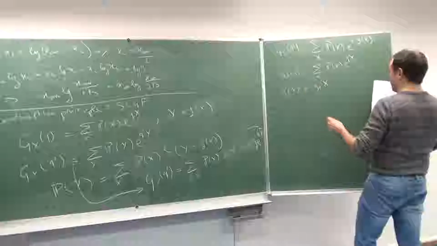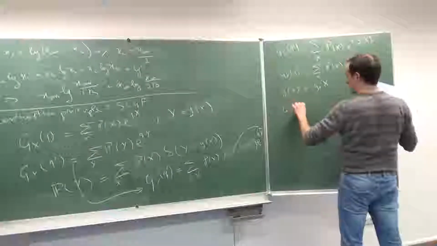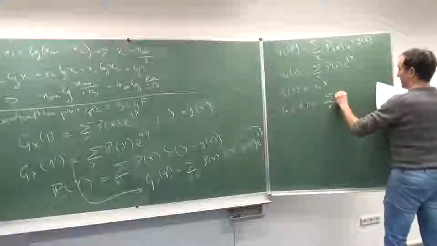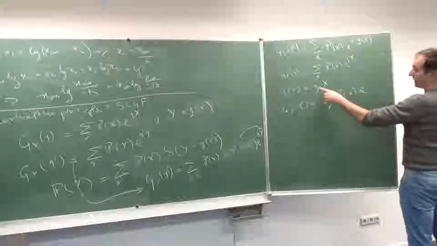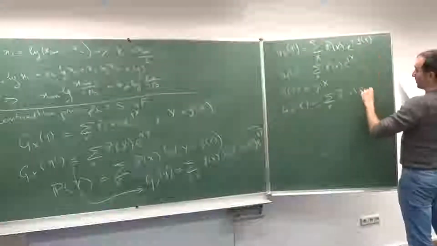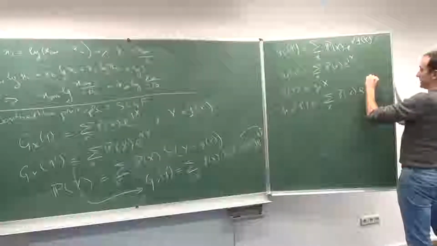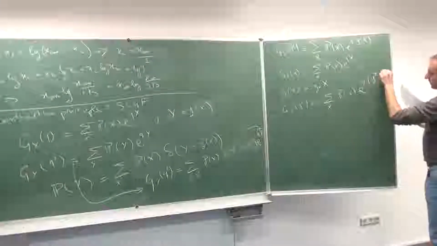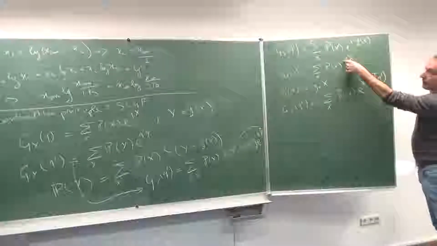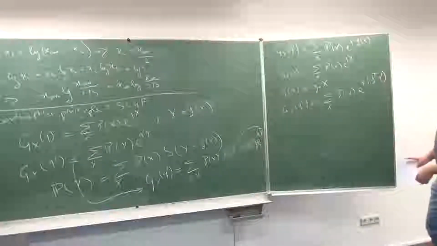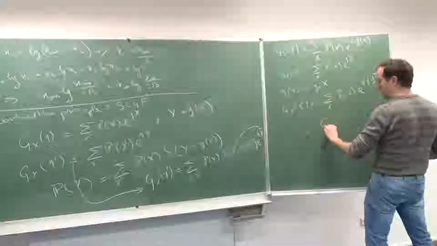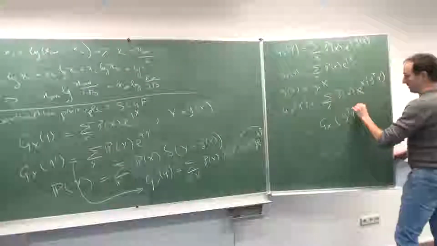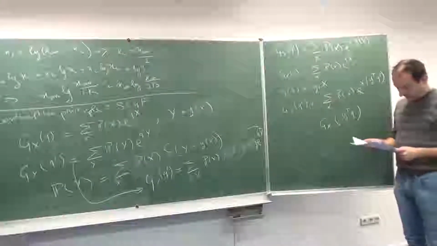And in this case we have that G_y of q prime is equal to the sum over x of probability of x, e to the, we can write the transpose acting on q prime, so it's x times y transpose on q prime, okay? And now this acts as our parameter q here, so we see that this is just G_x evaluated at y transpose q prime. So this is very nice.